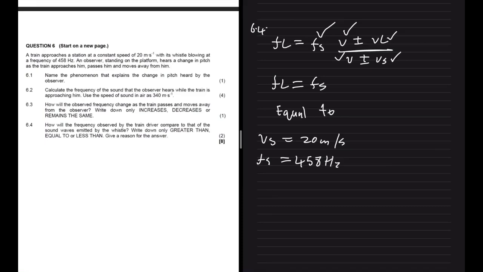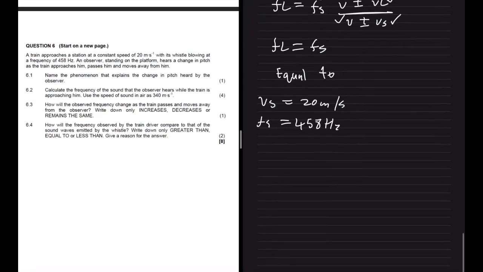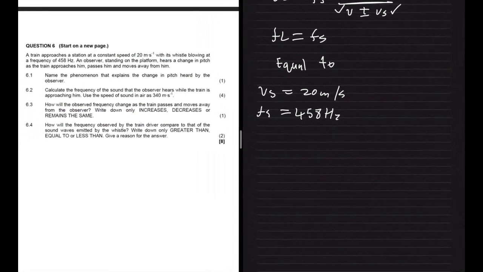Standing on the platform, an observer hears a change in pitch as the train approaches him, passes him, and moves away from him. 6.1: name the phenomenon that explains the change in pitch heard by the observer. That's the Doppler effect. The pitch is changing because of relative movement between the observer and the sound source.